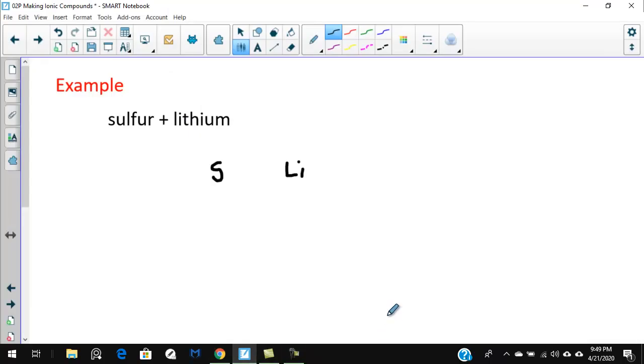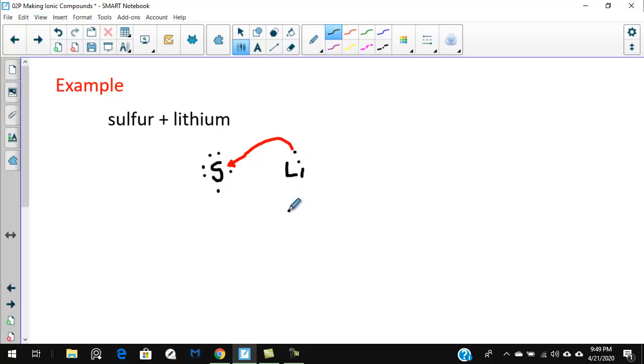So that means that sulfur, because it's in group 16, has 1, 2, 3, 4, 5, 6 electrons. And lithium, because it's in group 1, has 1 electron. This is looking very similar to the last one we did. Lithium is a metal, so it's going to lose electrons, and sulfur will gain electrons to fill up its last orbit. But again, lithium is now empty, but sulfur is not full yet.